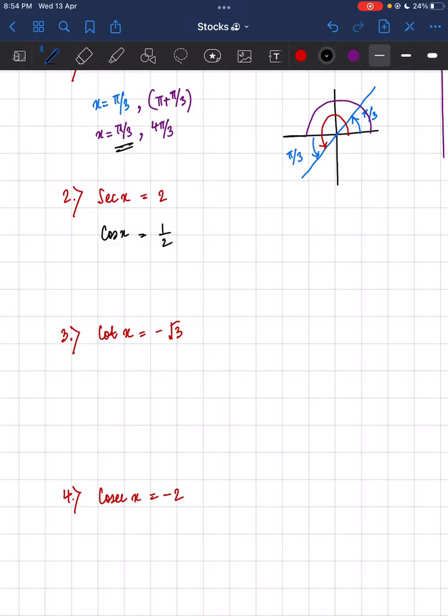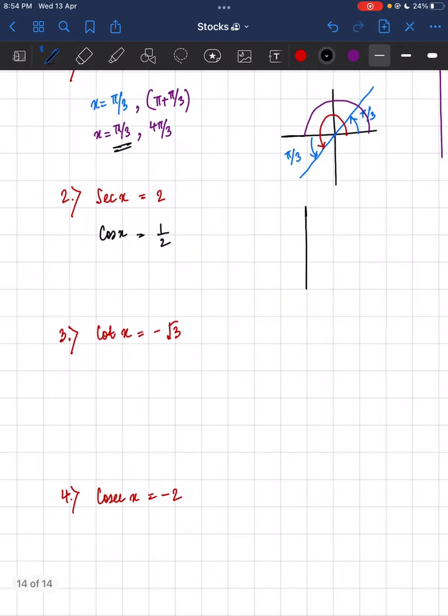So I hope this one you can easily complete, because cos x is equal to half, I will check for which angle cos x is half. So first it must lie in the first quadrant and fourth quadrant, because cos x is positive in first quadrant and fourth quadrant. Then I think of cos x is half is for angle 60 degree, and the fourth quadrant one will be what?